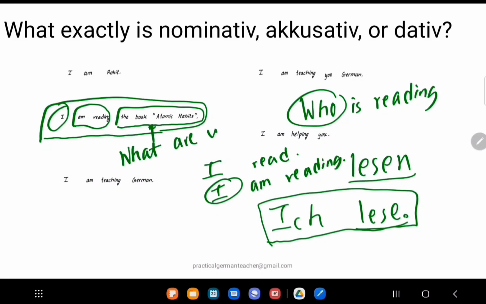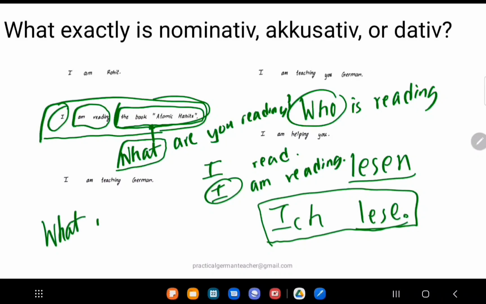What are you reading? So here this entity will be replaced with the help of a what kind of question and not who. So whenever it is what, so what is being done, when you are asking what, then it will be accusative case.